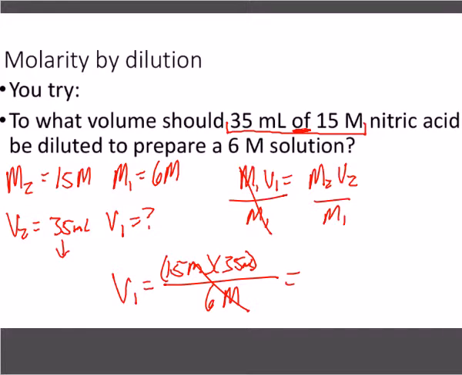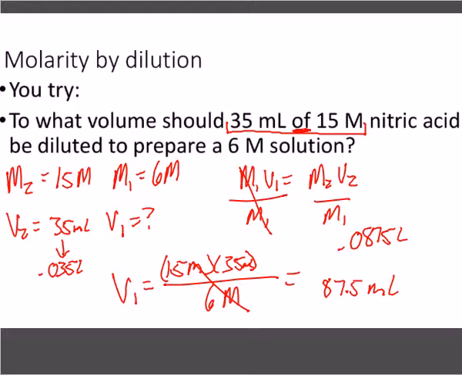Not 0.35, 0.035 liters is what you should have, all right? Now, I left mine as milliliters, guys. That's okay, because it's going to be the same thing as liters, except they'll just be off by a factor of 1,000. If you did it with liters, what do you get for your answer? 0.0875? All right, liters, well, that would just be 87.5 milliliters if I did it my way.